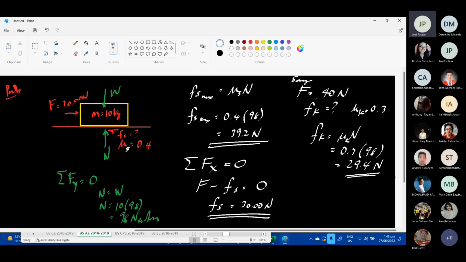And what do you see here? The applied force of 40 newtons is greater than the kinetic friction of 29.4. So what will happen?